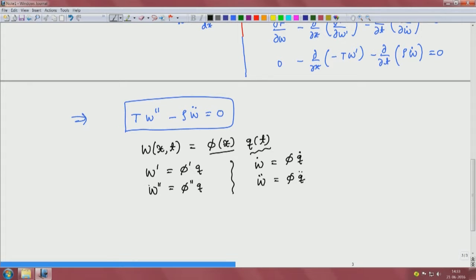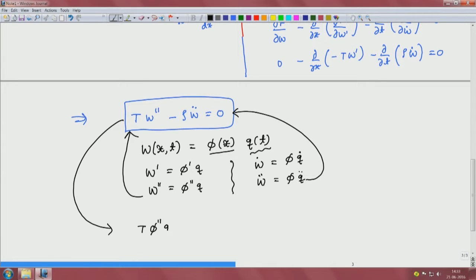If you substitute these results into it, what we get is T phi double prime q minus rho phi q double dot equal to 0. I have substituted for w double prime this one over here, and for w double dot this one over there.